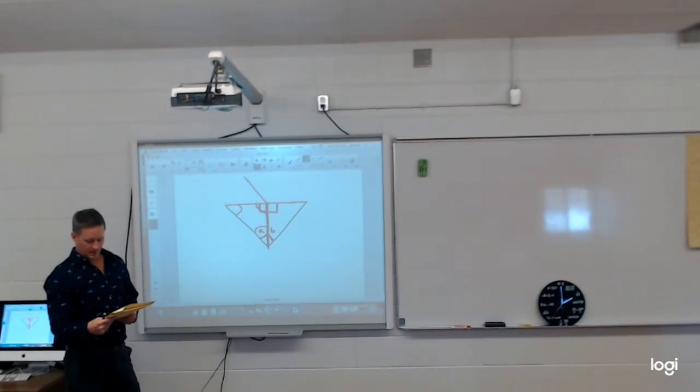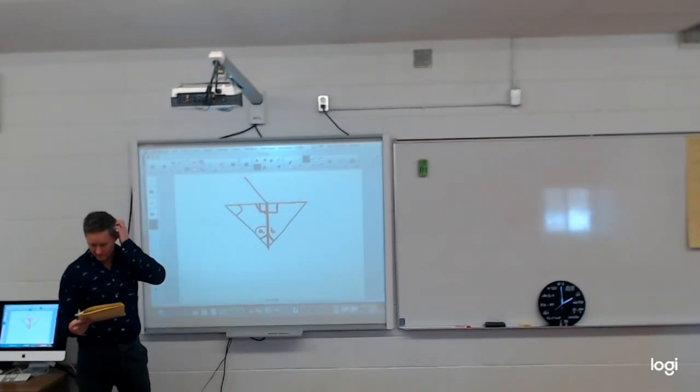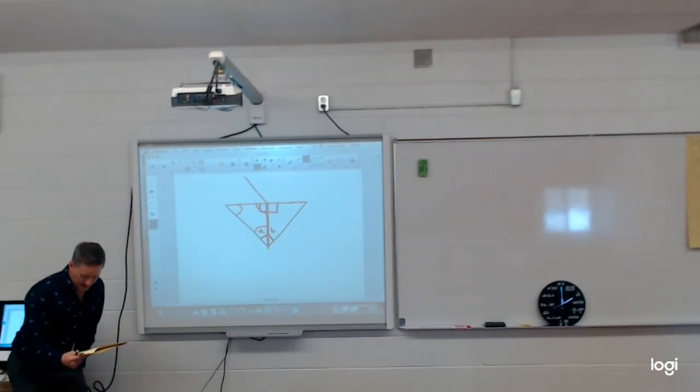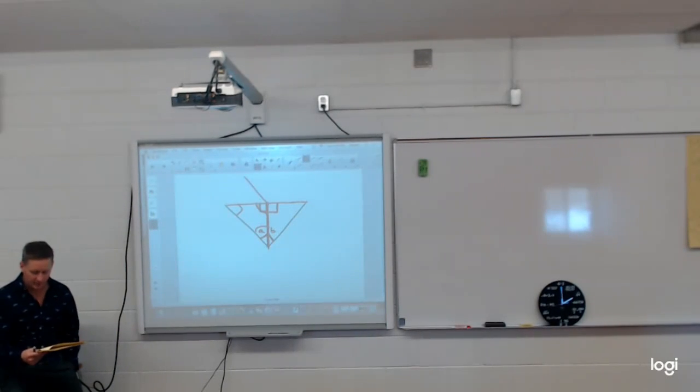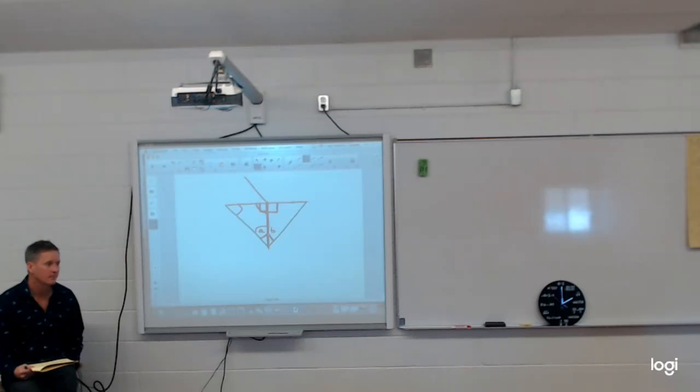Okay? All right, have a look at an example where I've got angle 1 and angle 2. What is the measure of angle 2 in that picture? How much is it? What is the measure?